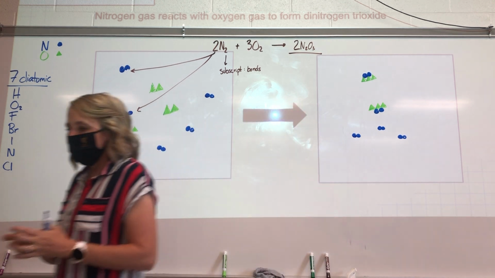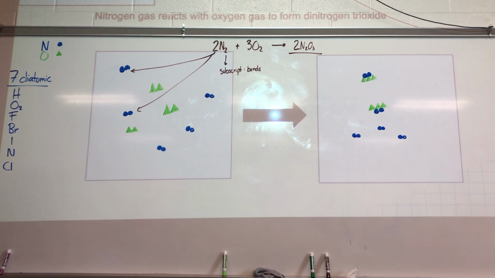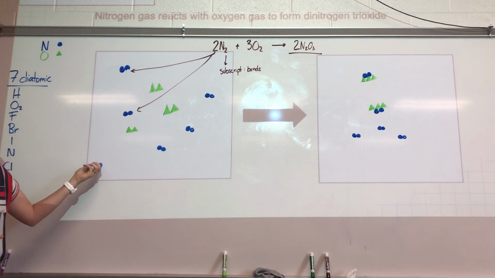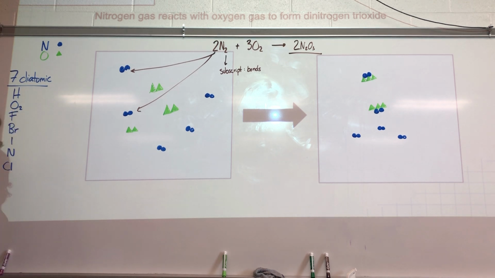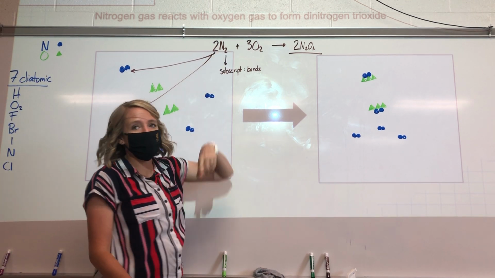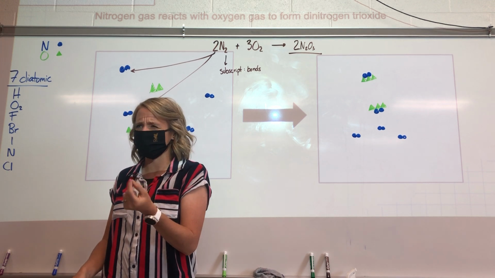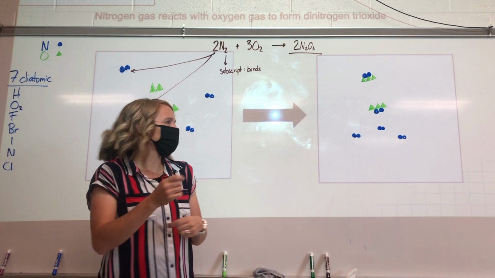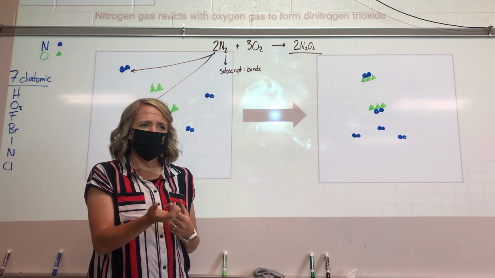Okay? Now, we draw it this way, but when it comes to going into the lab and seeing it, it is impossible and not logical to actually measure out 2 atoms or 2 molecules of nitrogen and 3 molecules of oxygen.